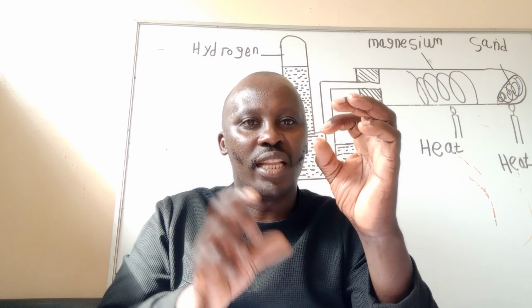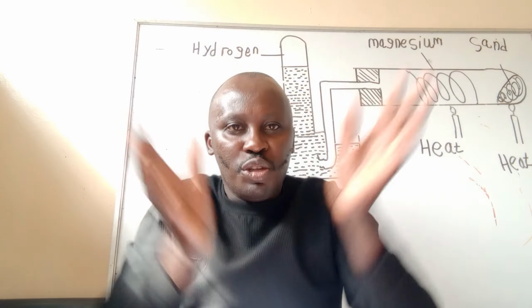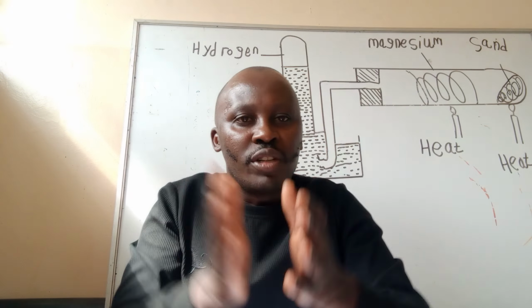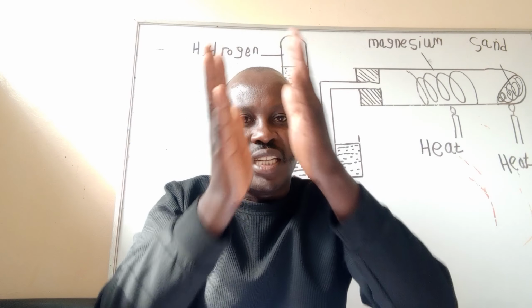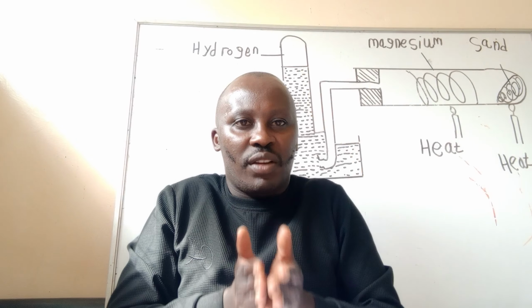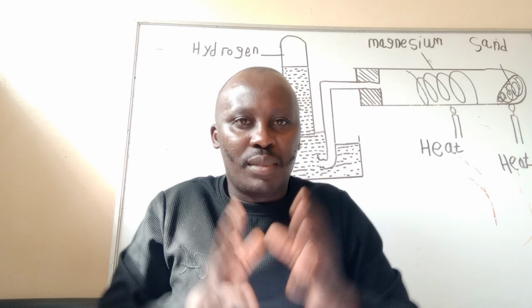After identifying the apparatus, tell the examiner the procedure followed using the apparatus you have identified. And then from there, you are supposed to give an observation from that experiment.